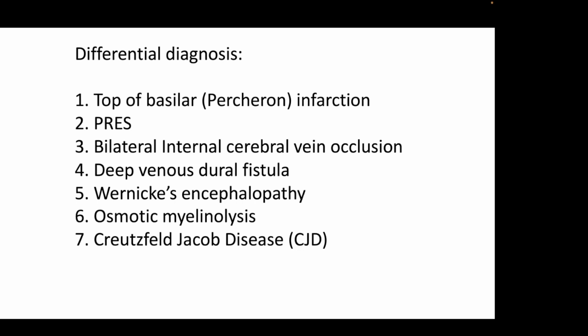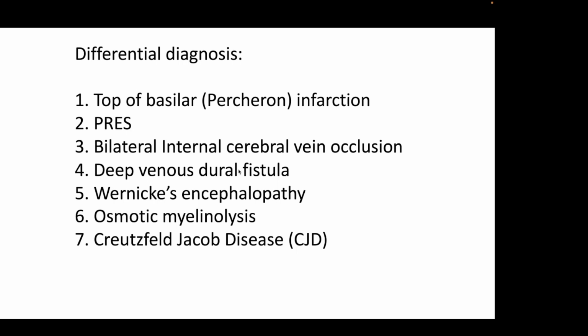And I can tell you over the course of my career, more than once have we been wrong in patients with bilateral thalamic disease that it turns out to be either cerebral vein occlusion, or this is less common but important to be aware of, a dural fistula involving the straight sinus can cause venous hypertension in both thalami.